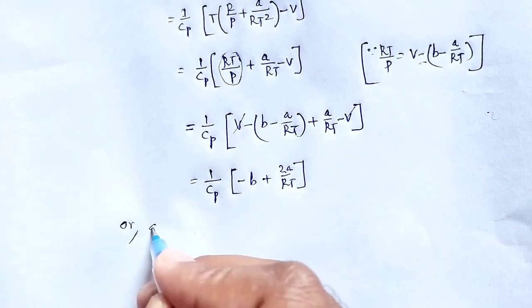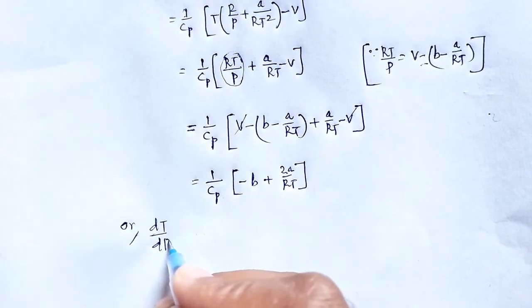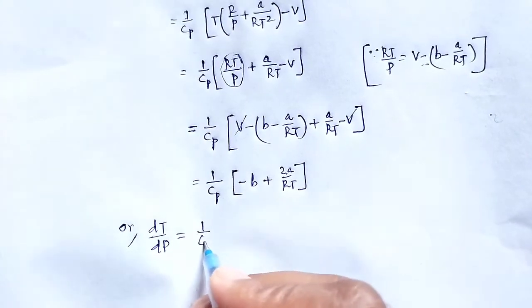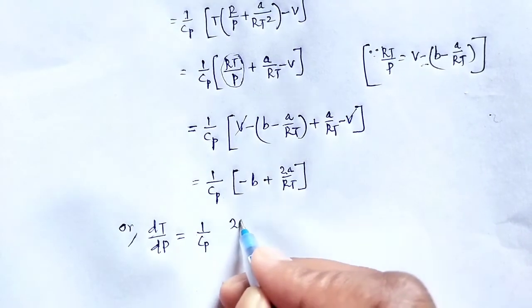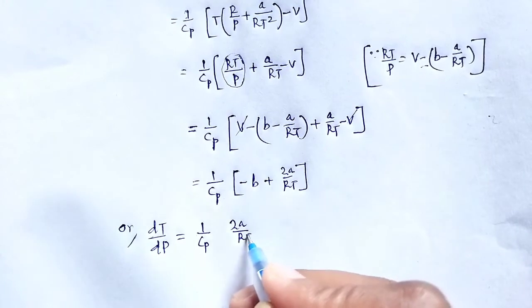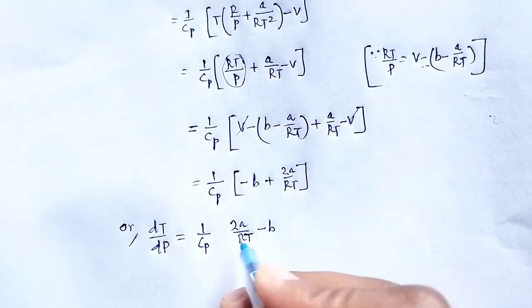Thus we get dT by dP is equal to 1 by Cp times 2A by RT minus B.